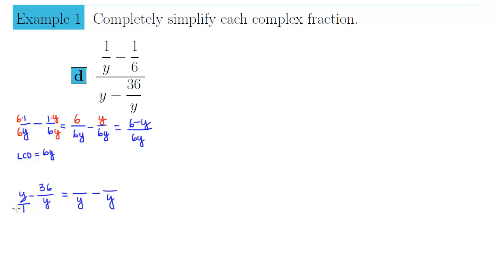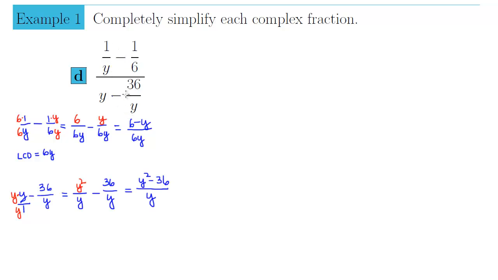We need to multiply the first fraction by y. Y times 1 will give us y. If we do it to the bottom, we do it to the top, and so that means that our numerator is simply y squared. The second fraction already has a denominator of y, so we don't need to change the numerator. We can keep it as 36. And combining, our denominator is y, and our numerator is simply y squared minus 36.